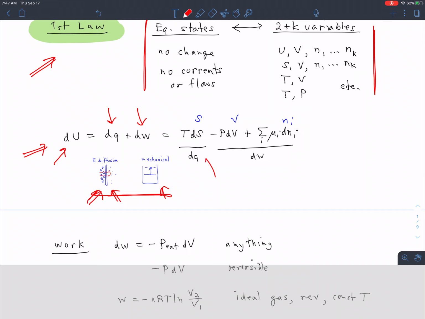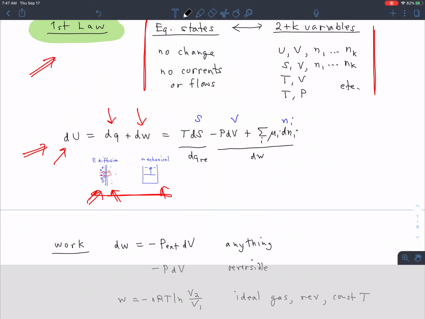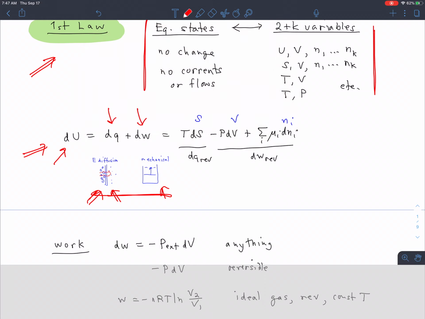So the heat change is equal to T dq rev, not just dq, and this is dw rev, that means. So the heat transfer itself is equal to T times ds.